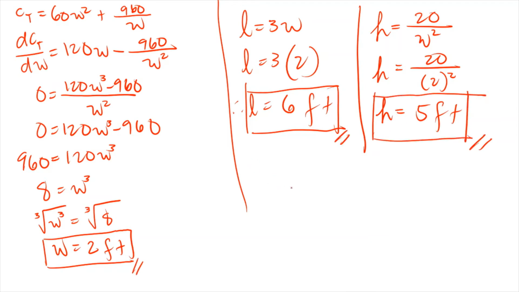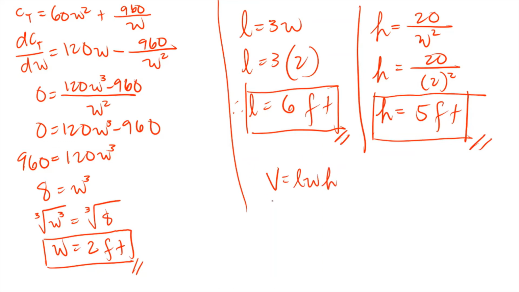So these are now the dimensions of the box that will minimize the cost having a fixed volume of 60 cubic feet. Okay, so if you want to check, let's try to solve for the volume for the box. Again, the box is a rectangular solid, so length times width times height.